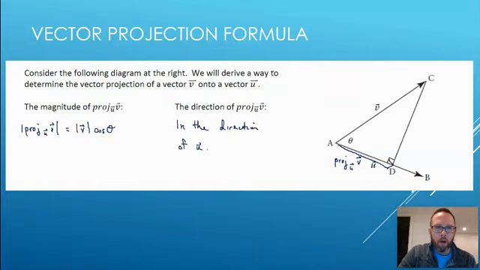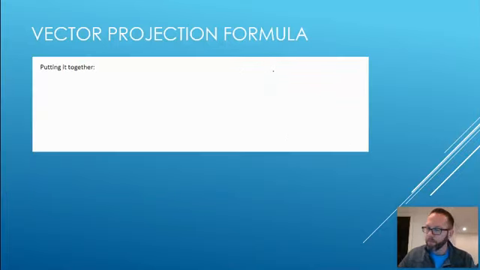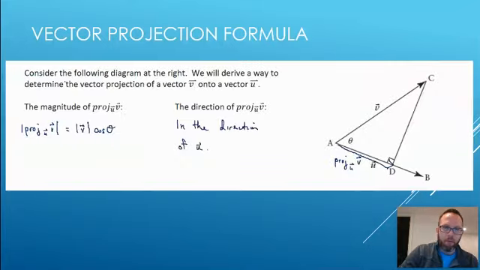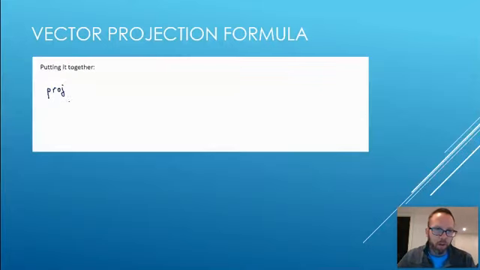All right, so we are going to put these things together. To get the projection of V onto U, to get the right magnitude, we're going to multiply by the magnitude.